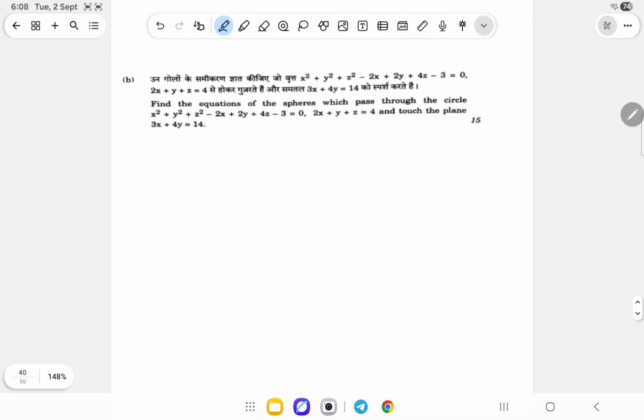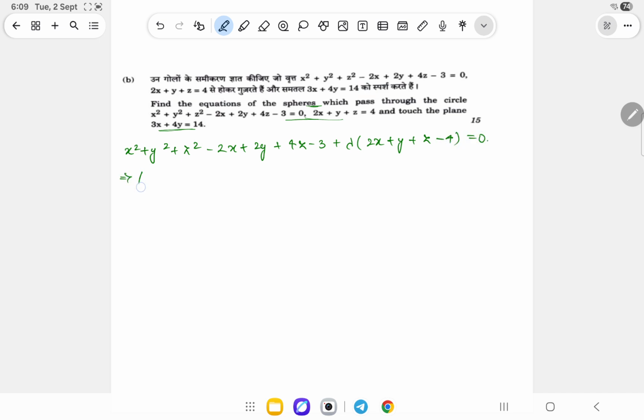So the next question says: find the equation of the sphere which passes through this circle and touches this plane. So the equation of any sphere passing via the given circle would be x square plus y square plus z square minus 2x plus 2y plus 4z minus 3, plus lambda into (2x plus y plus z minus 4), equals 0.